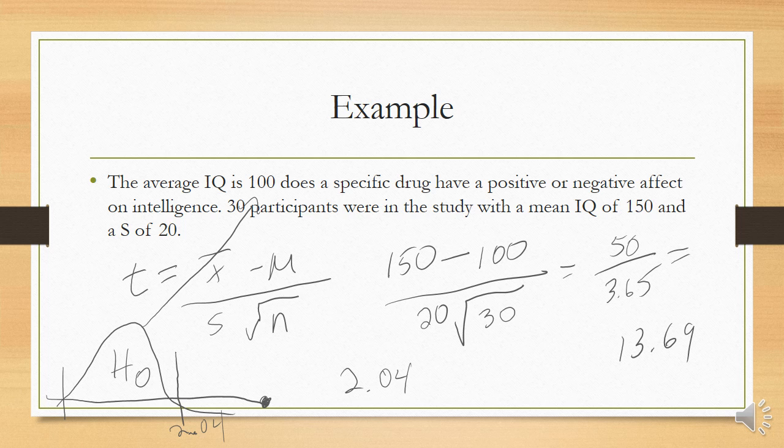So we would be saying that the mean of our sample definitely exceeds the mean, therefore nullifying the null hypothesis, which basically would be interpreted to say that the drug that we're testing has to have a positive effect on IQ for the mean of the sample to exceed the mean of what is known.